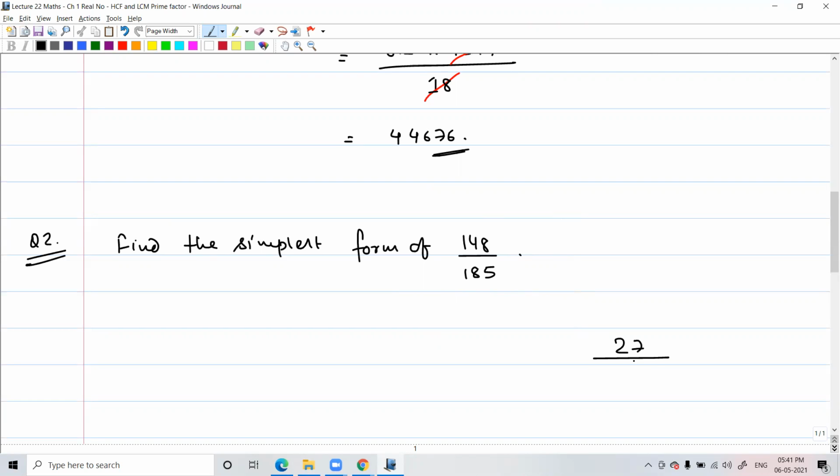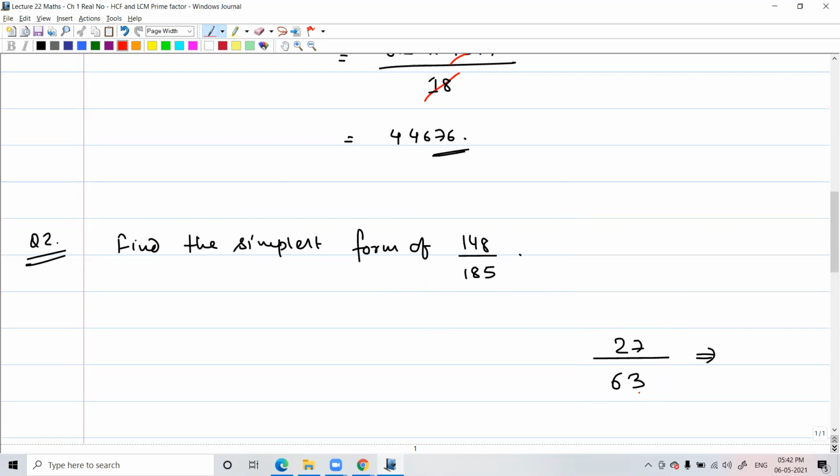Let's say, for example, if you had 27 by 63, if you want to bring it to the simplest form, what do you do normally? No, in general, what you do normally, you know that this comes in the 9 table. Both of these come in the 9 table, right? And 9 is the highest factor.